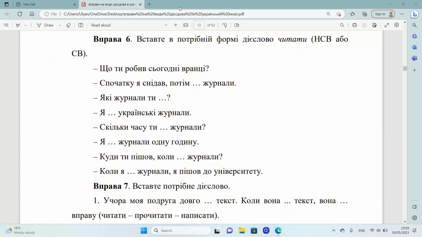So here we need to insert the verb читати, in the perfective or imperfective form. So let's have a look. Що ти робив сьогодні вранці? What did you do this morning? Спочатку я снідав, а потім журнал. To give you a second to think.